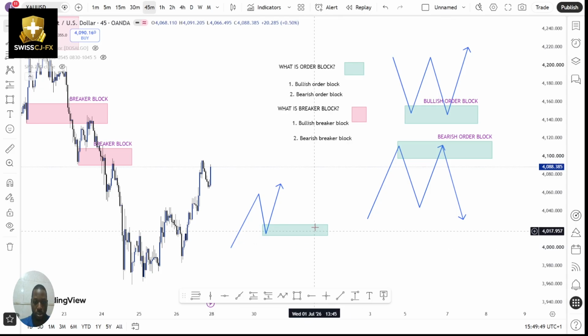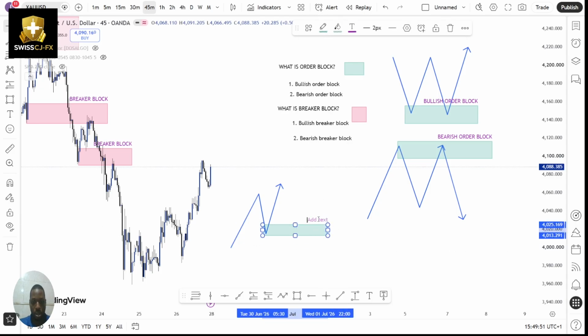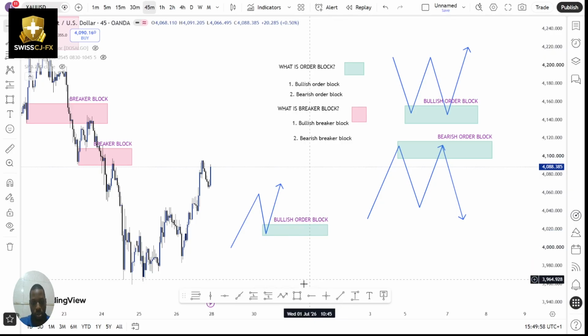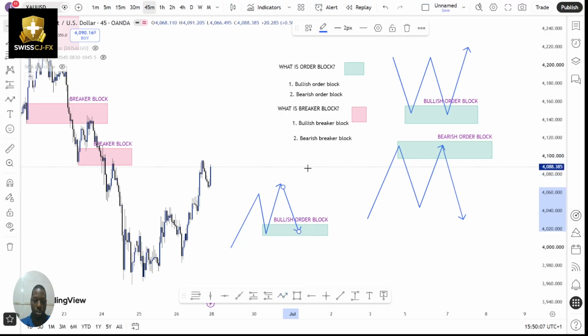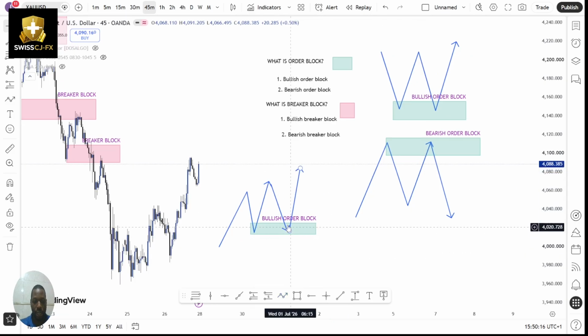So here's your bullish order block. Then you wait for price to come back to this zone, test this place, and finally move in the upward direction. This is how to identify and mark your bullish order block.